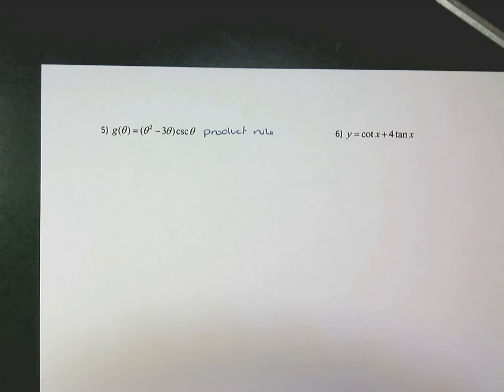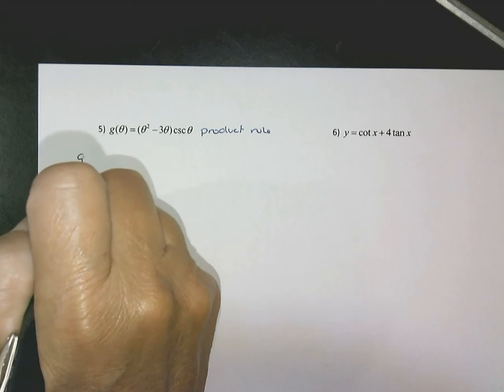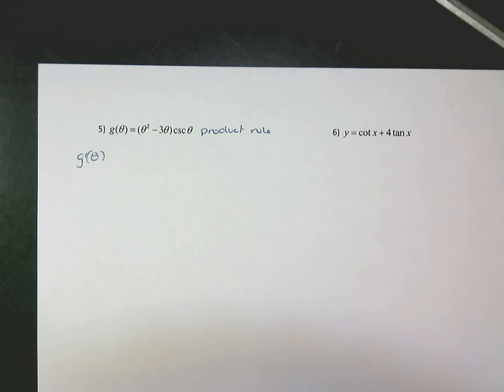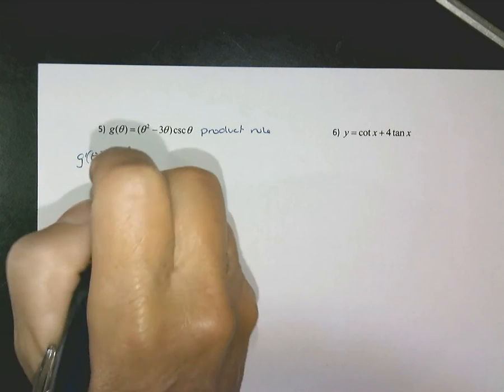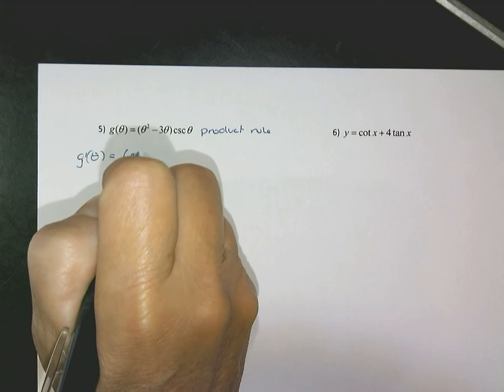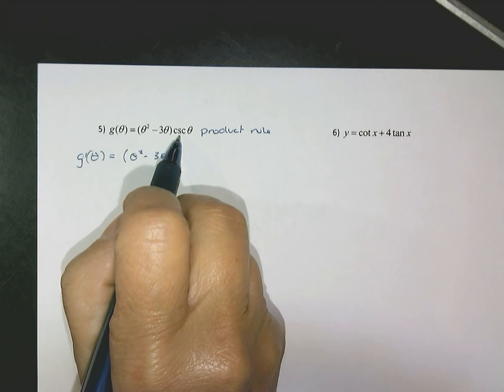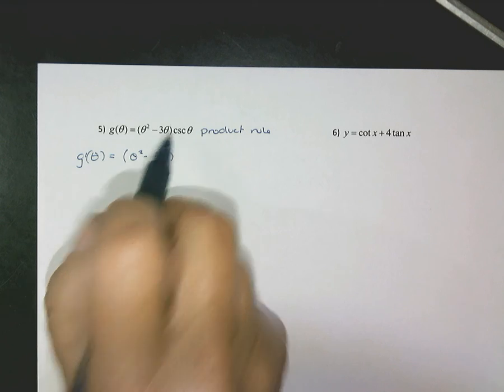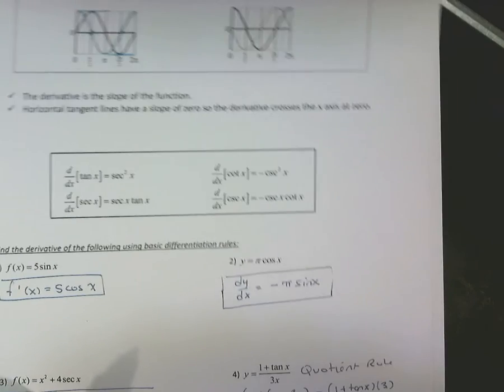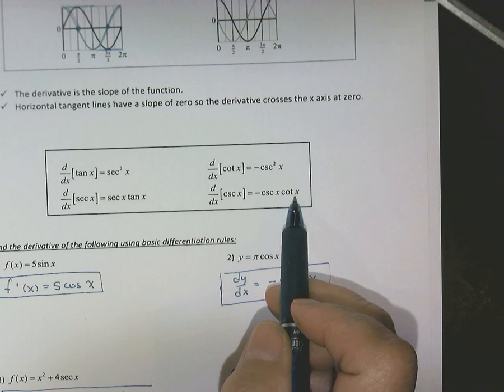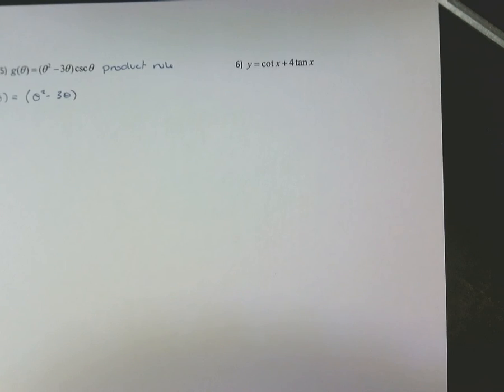So with the product rule, I'm going to take the first function times the derivative of the second function. So the derivative of cosecant theta is going to equal negative cosecant theta cotangent theta.